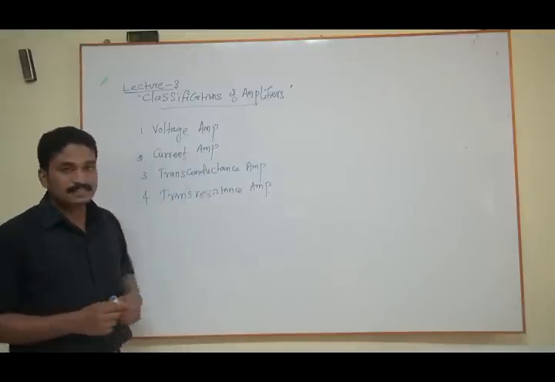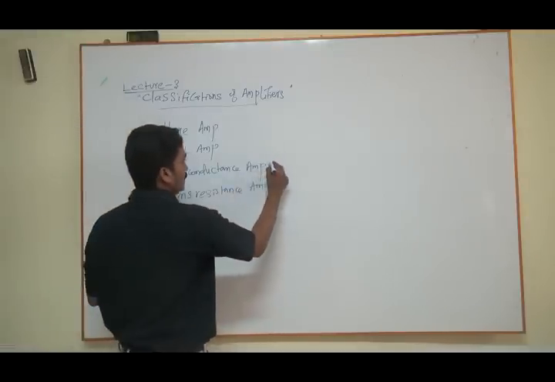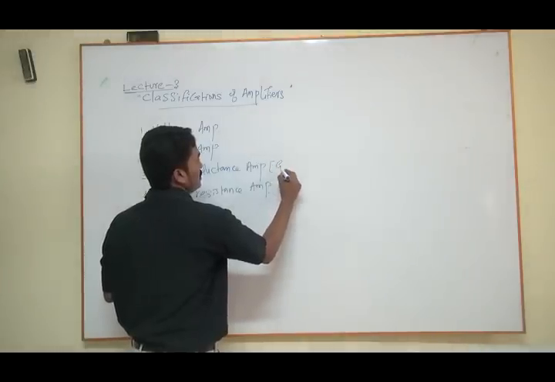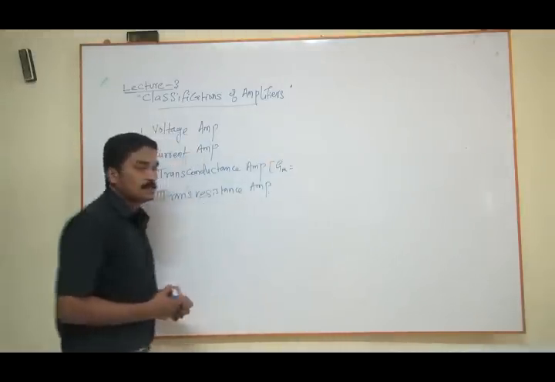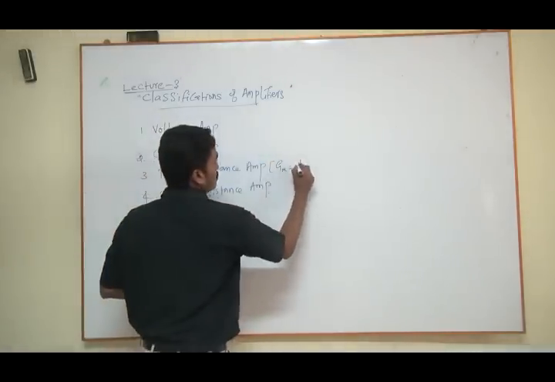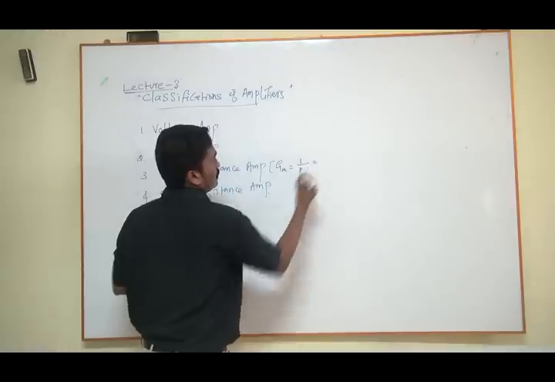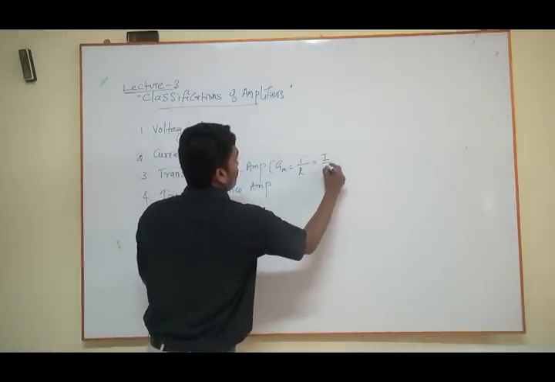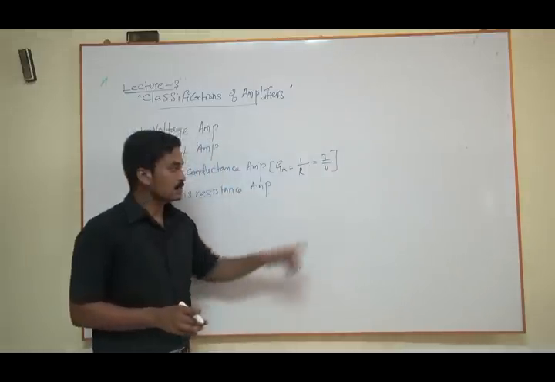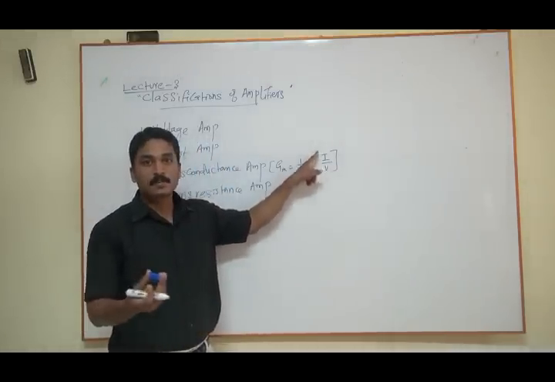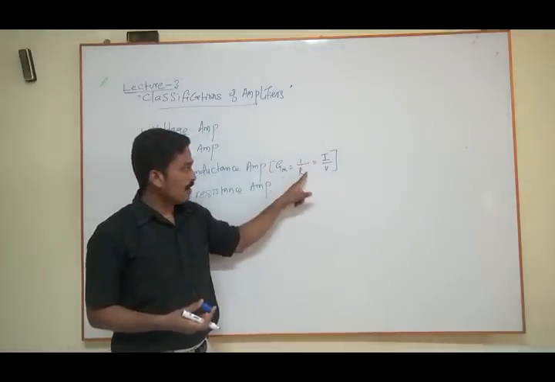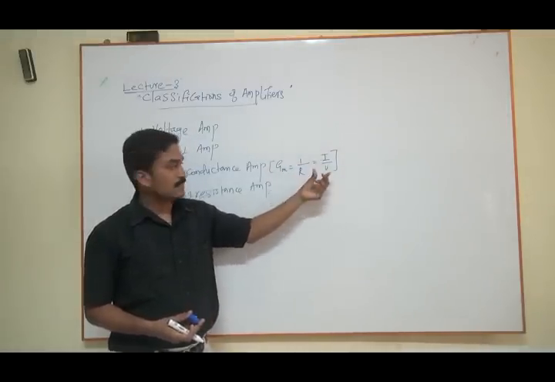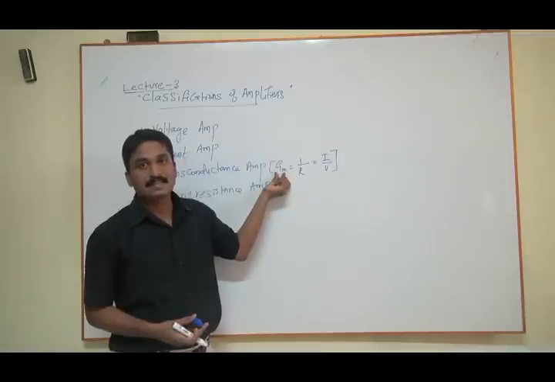And transconductance. Usually conductance we represent in terms of G. G is nothing but the reciprocal of resistance. So one can write 1/R equals I/V, because V/I is equal to R. It represents the transconductance.